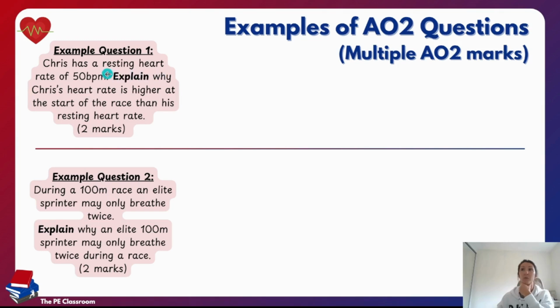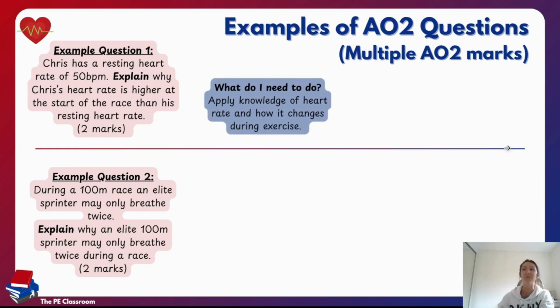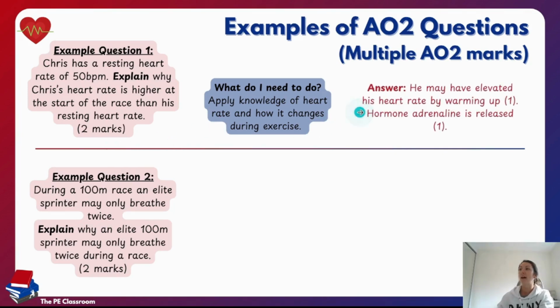So for example, the first one, Chris has a resting heart rate of 50 beats per minute. Explain why Chris's heart rate is higher at the start of the race than his resting heart rate. So it's asking you to apply your knowledge of heart rate and knowing how it responds during exercise, and answer the scenario. So your answer there, again, is worth 2 marks.